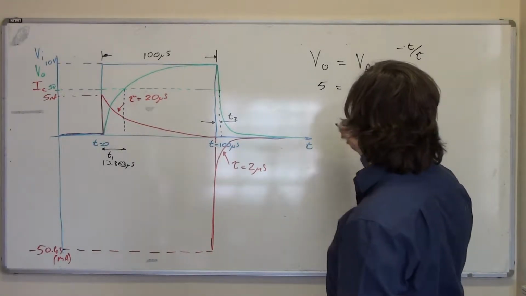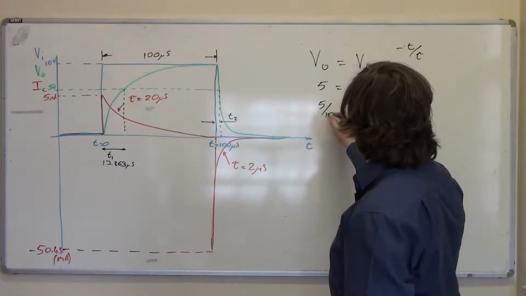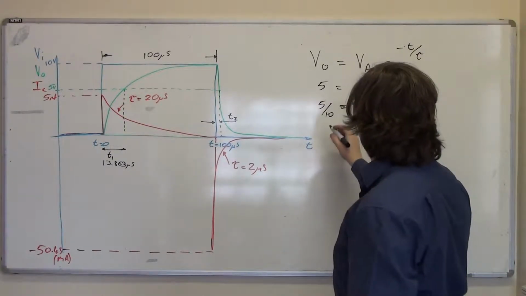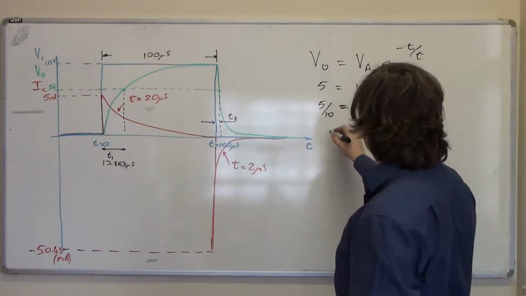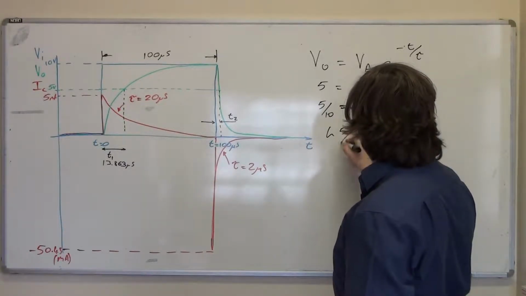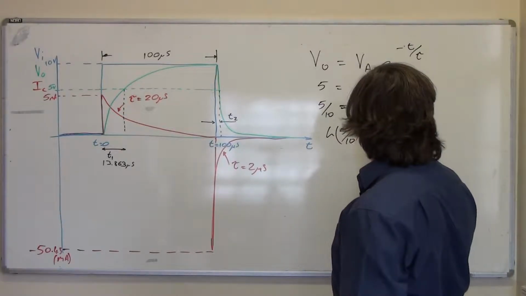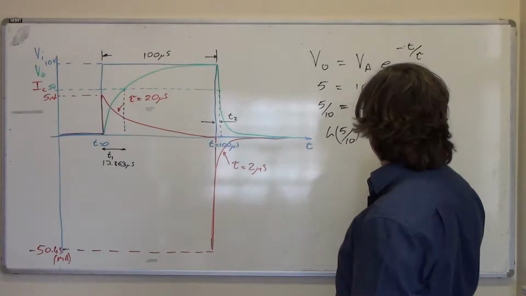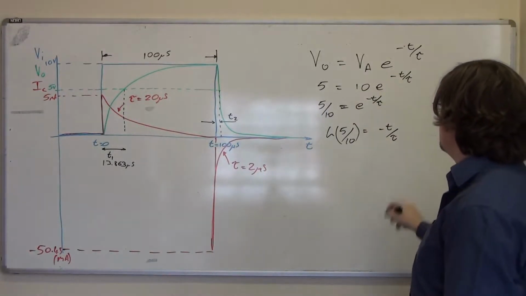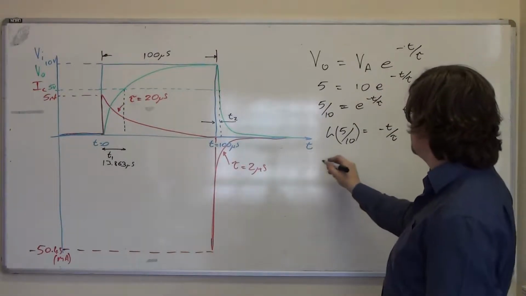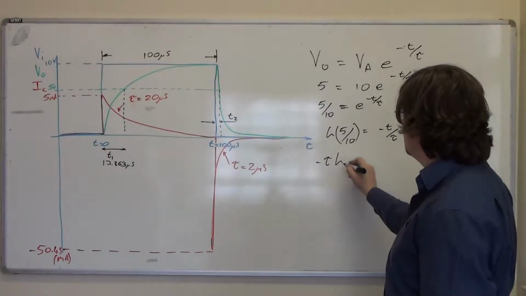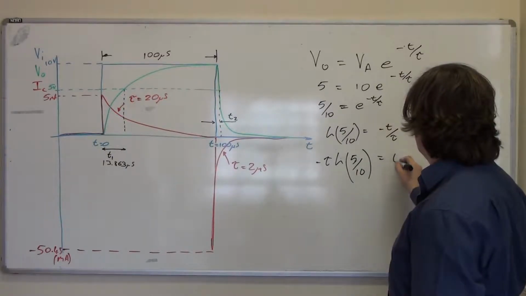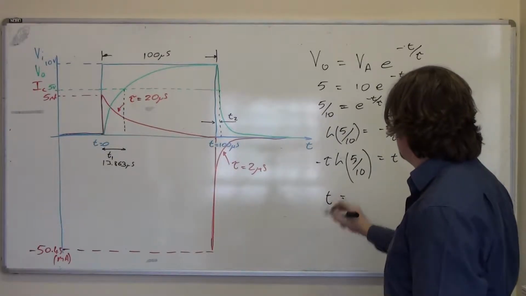So we'll divide through by 10 to have 5 upon 10 is equal to e to the minus t upon tau, and then we'll take log, so we'll have the logarithm of 5 over 10 is equal to minus t over tau, so we'll multiply through by tau and multiply both sides by minus 1 to have minus tau times the logarithm of 5 upon 10 is equal to t.